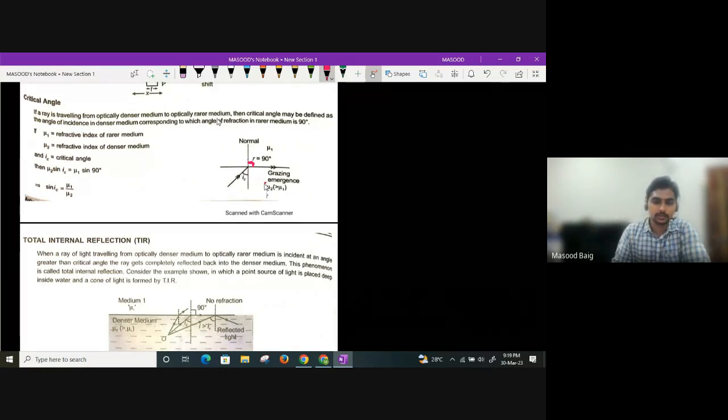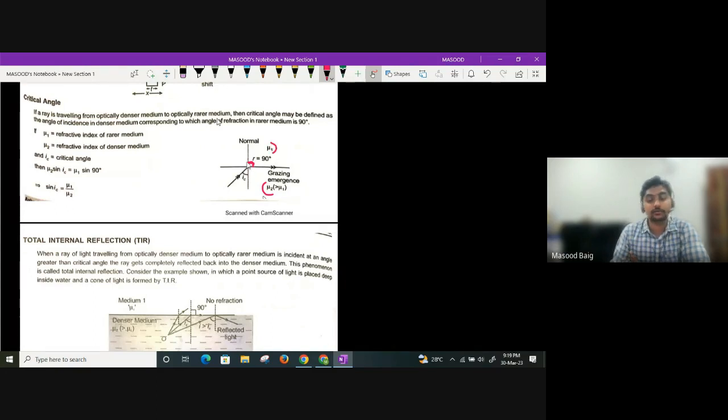So what is mu2 here? It is the refractive index of the medium in which incident ray is present. Here mu1 is the refractive index of the medium in which refracted ray is present. So if you apply Snell's law, what is Snell's law stating? Mu1 into sin i will be equal to mu2 into sin r. Yes or no? In general, this is Snell's law.